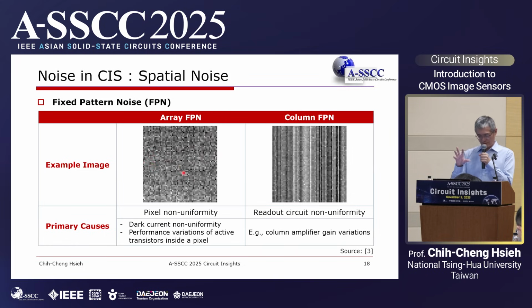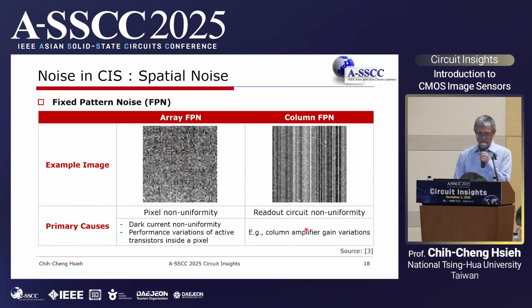When you see the image, you can judge the root cause from the fixed pattern behavior. If it's an array fixed pattern noise, you can be sure that it comes from the pixel level. In contrast, if it's showing column fixed pattern, it will come from your column circuit.